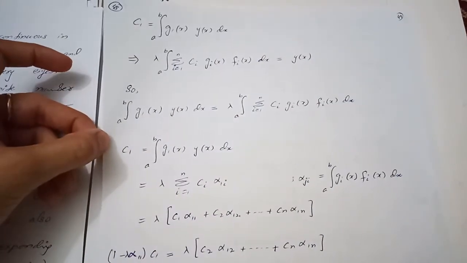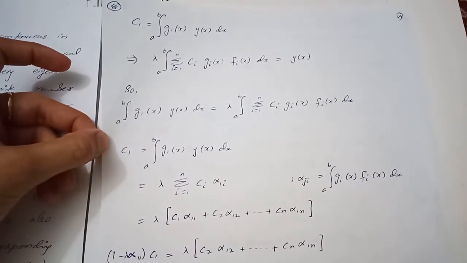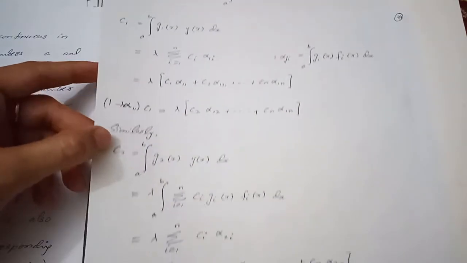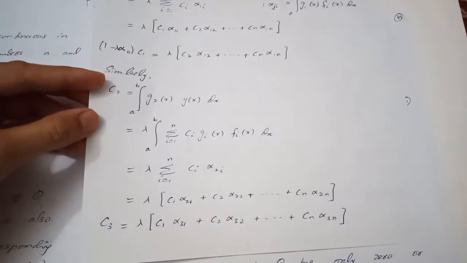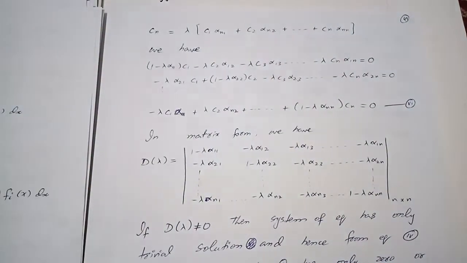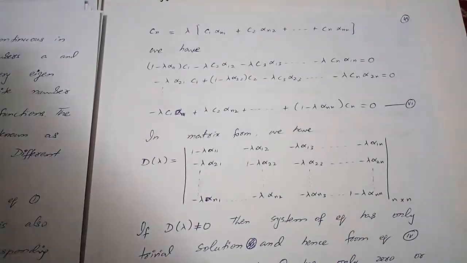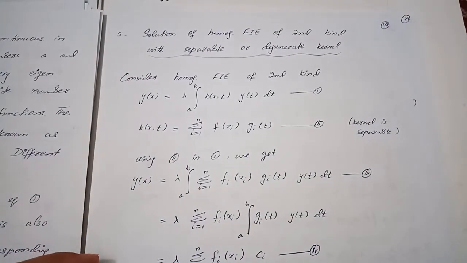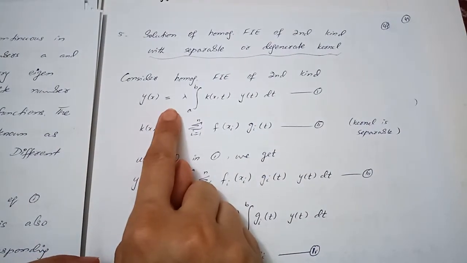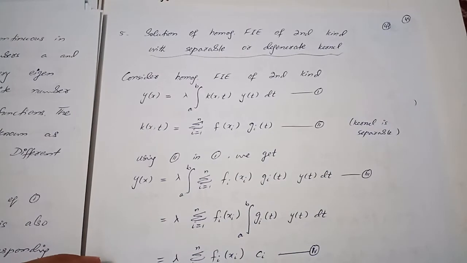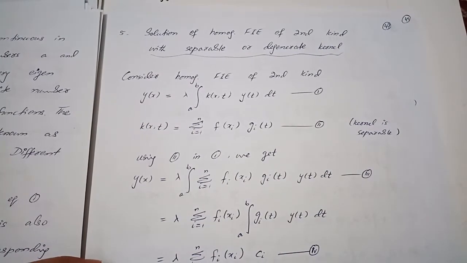We did the general solution. We did it generally, like if you have a separable or a degenerate kernel method, how we are going to solve that integral equation. Basically, whenever you have a separable degenerate kernel, you have, for example, a Fredholm integral equation of second kind y of x equals lambda integration from a to b k of x t y of t dt.